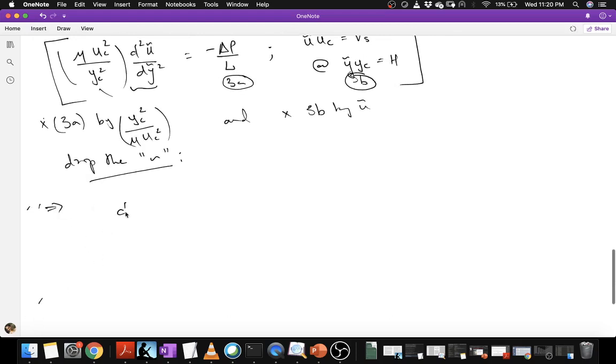So now what I have is d square u by dy square equals minus of delta p over L times yc square upon mu times uc square.